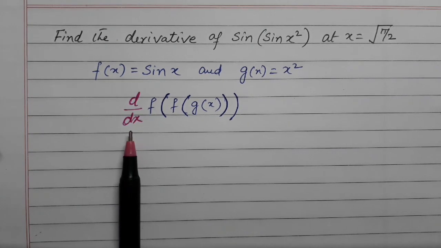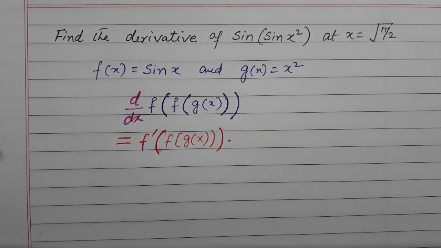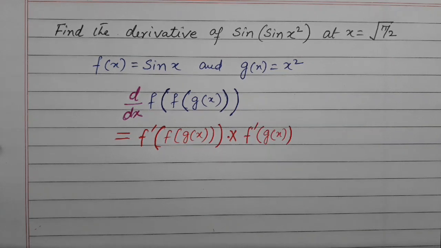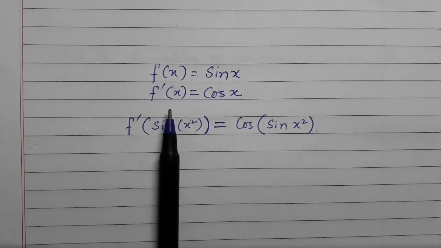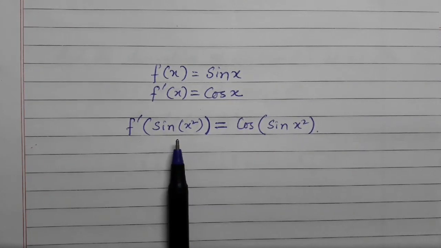Now if we differentiate this composite function, it will give f'(f(g(x))) times f'(g(x)) times g'(x). Now we know that f'(x) equals cos x. So f' of sine x square will be cos of sine x square.